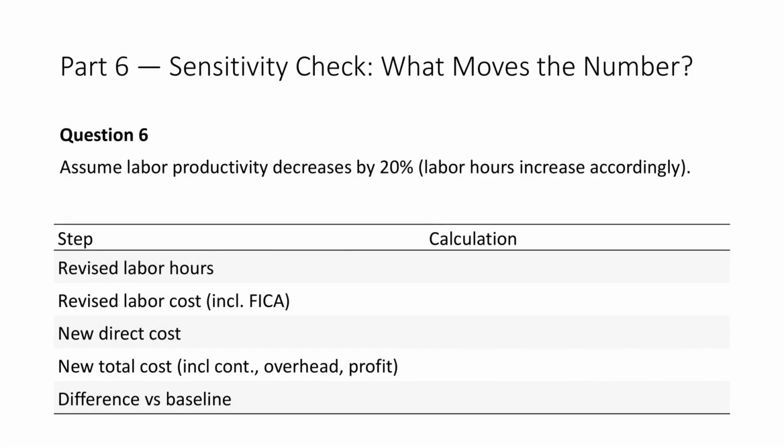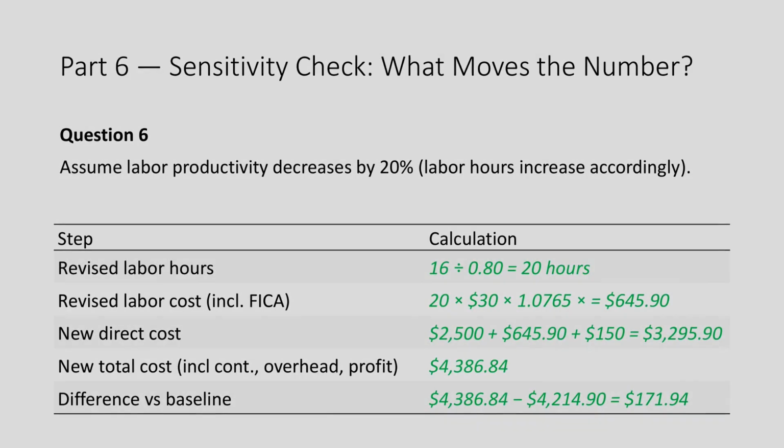Part 6. Sensitivity check. Question 6. Assume labor productivity decreases by 20%. What happens to the final cost? Explanation. A 20% productivity drop does not mean 20% more hours.